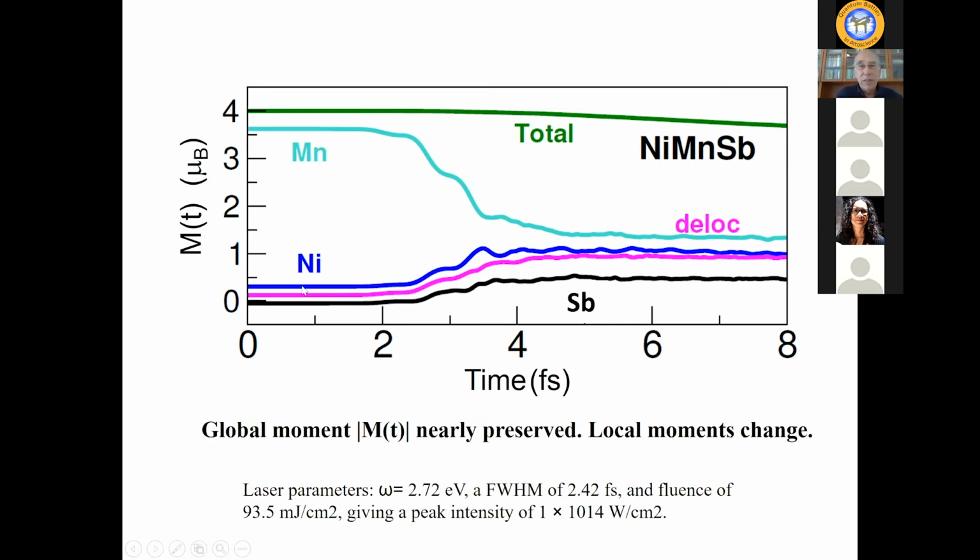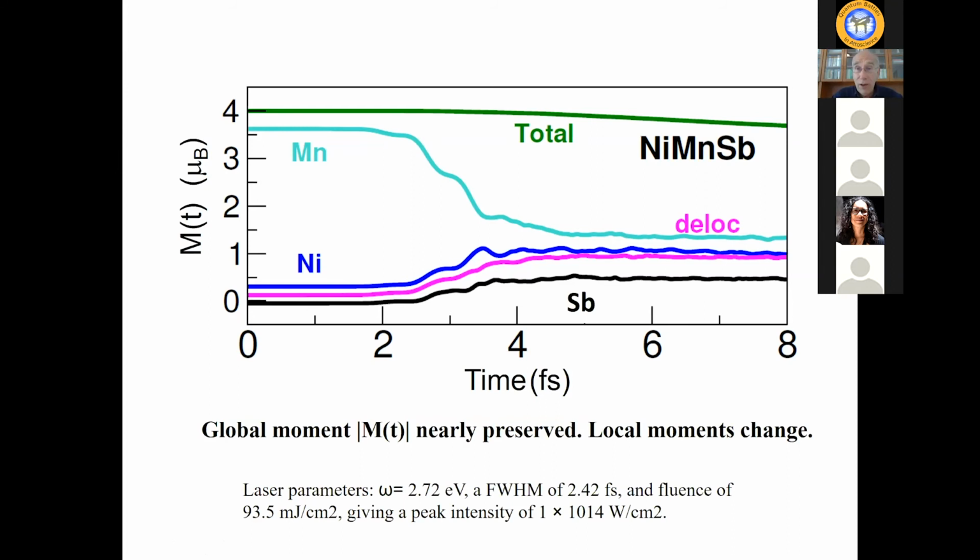What you also see is a slight increase of magnetization on antimony, and the magenta curve here is the delocalized electrons that cannot easily be assigned to one of the three atoms. This is interstitial regions where the electrons can also go.